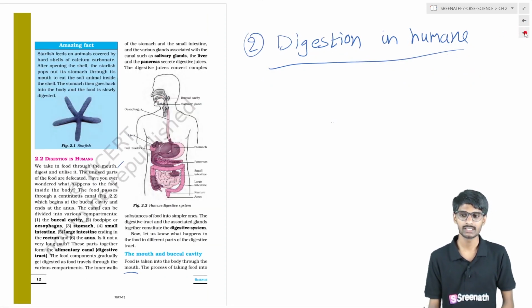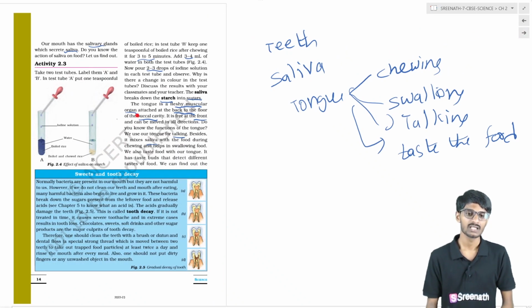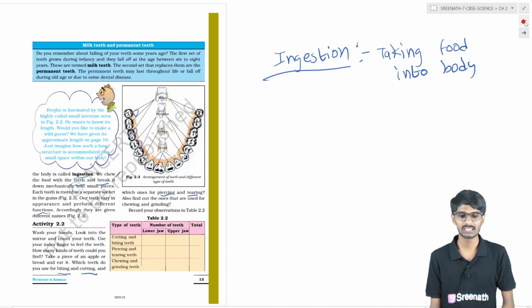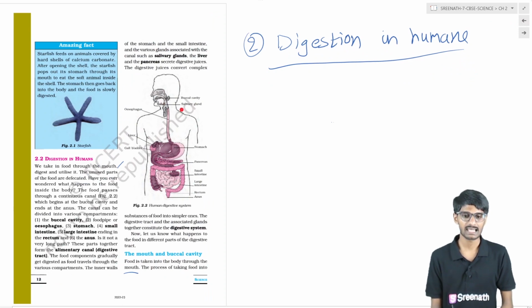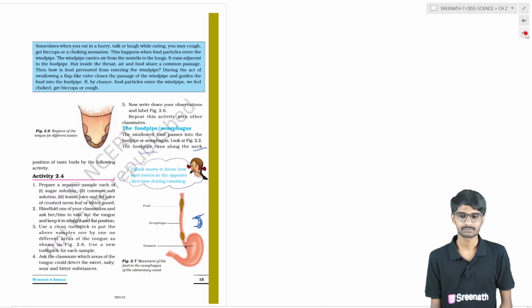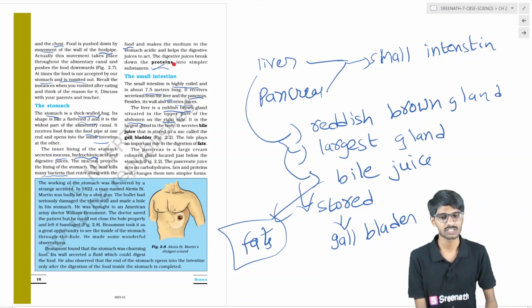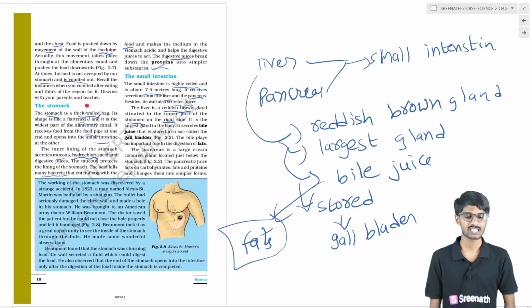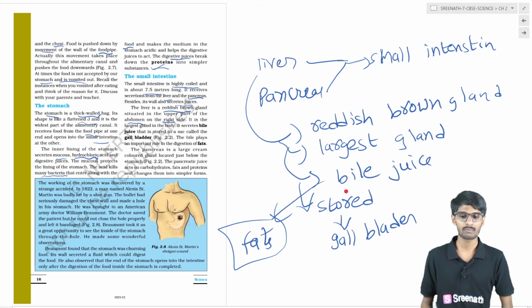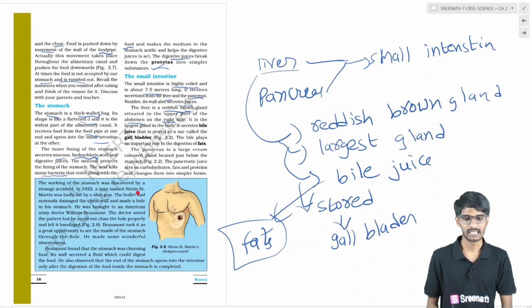If you clearly observe, carbohydrates or starch are digested or broken down with the help of saliva, and proteins are made into simpler substances with the help of the digestive juices in the stomach, and fats are digested or broken down with the help of the bile juice released by the liver, students.